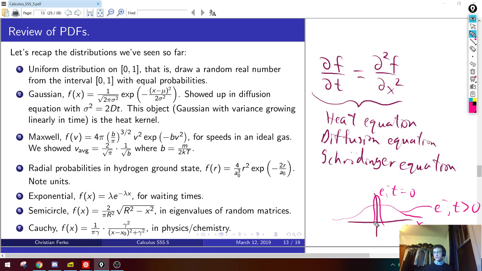In quantum mechanics, which you'll study in a physical chemistry course or quantum mechanics course, you'll see this. So anyway, maybe it doesn't make a lot of sense now, but I'm just flagging this, that you will see this many, many times when you study how heat spreads out in a hot metal rod, or diffusion in 3091, or Schrödinger in physical chemistry. This heat kernel is going to come up over and over and over.